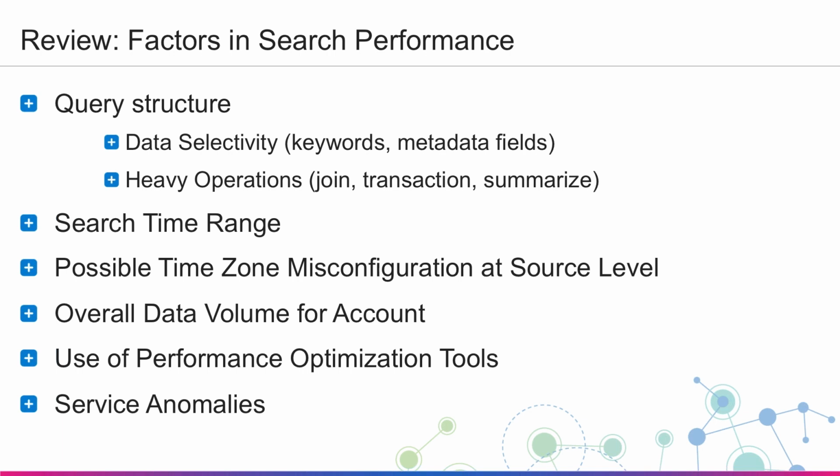And lastly, service anomalies. Now we're obviously dependent on AWS. So if one of our nodes or services or instances comes down for whatever reason, that'll affect search. And if you're finding that you're getting a bunch of errors, definitely file a support ticket, and we will definitely address the issue as soon as we can.